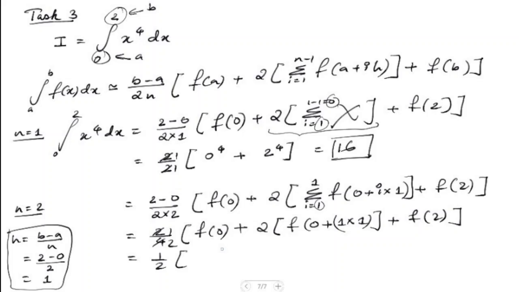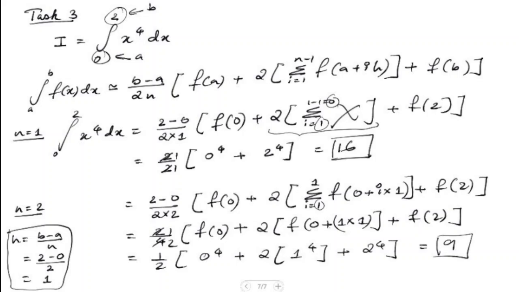The function is x to the power 4, so replacing x with 0, we have 0 to the power 4, plus 2 times f of 1, which is 1 to the power 4, plus f of 2, which is 2 to the power 4. If you calculate, you will get the value 9.